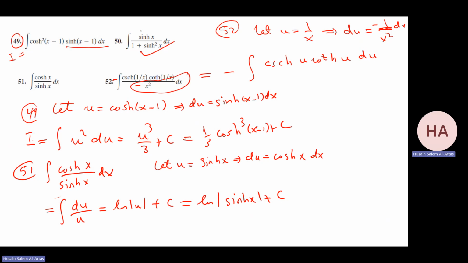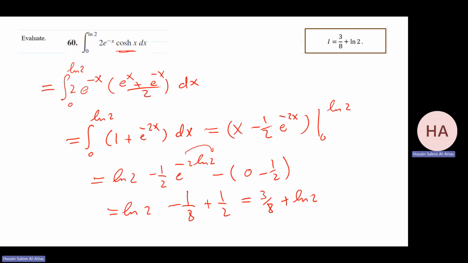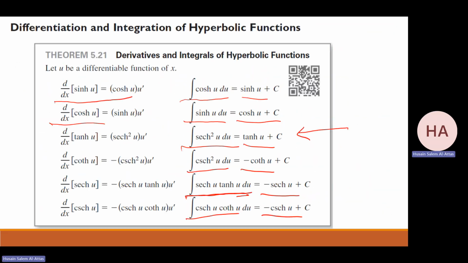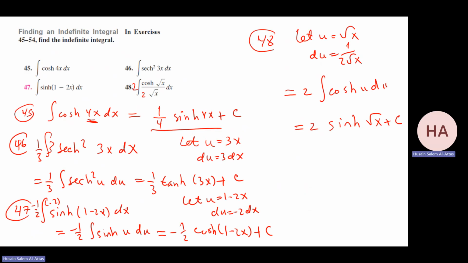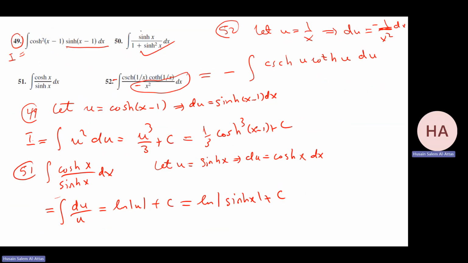Okay. What is cosecant hyperbolic cotan hyperbolic? You look at the formulas. This one, it's minus cosecant hyperbolic. So that gives me minus times minus cosecant hyperbolic u, which is 1 over x.